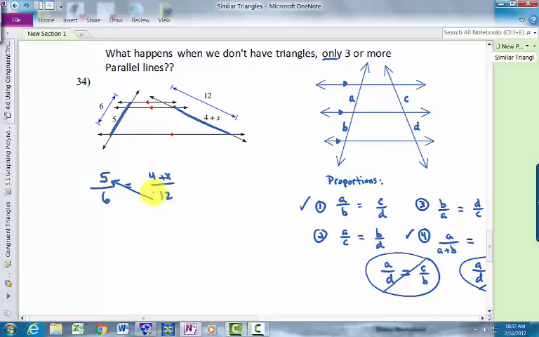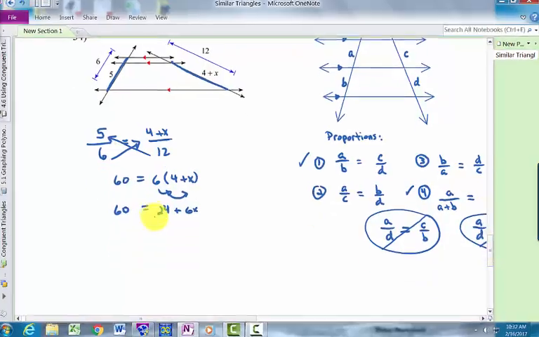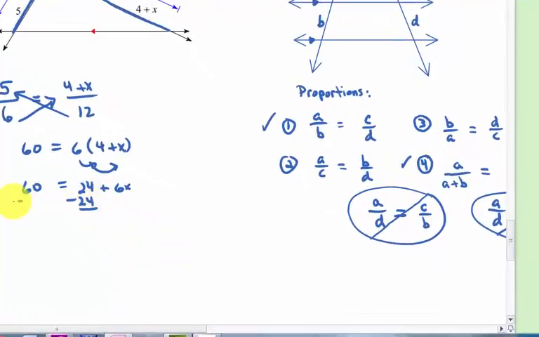We'll just cross product. 12 times 5 is 60. You got 6 times the entire thing, 4 plus x. And then, of course, you got to distribute that 6. So, whoops, 6 times 4 is 24. And then 6 times x is 6x equals 60. And then you subtract 24 from both sides.